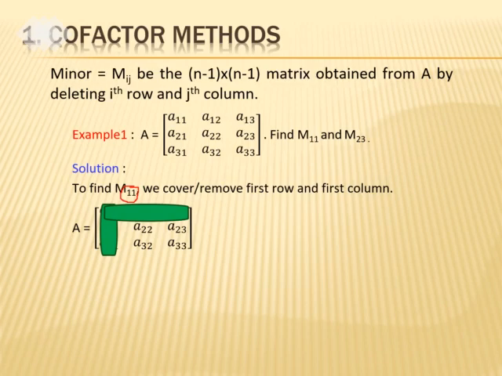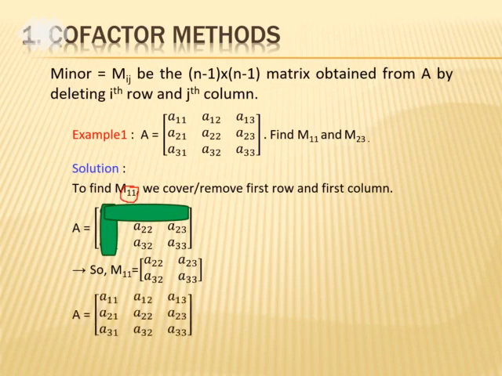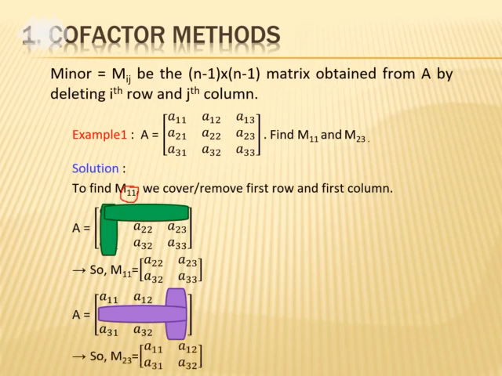So M11 is A22, A23, A32 and A33. So apa yang kita nampak? For M23, you have to cover row 2, column number 3. So what is left to you is A11, 12, 31 and 32.